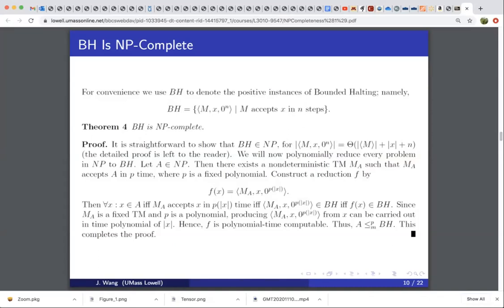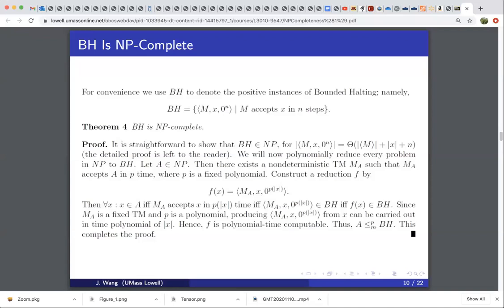Now we just want to verify whether this is indeed a reduction. So first we check X is in A. Now for any instance, X is in A by definition if and only if MA accepts X in P of length of X time. So that's what this means. And this really means that MA, X, 0 to the P of length of X is in BH. That means this f of X is in BH. So this is a reduction.